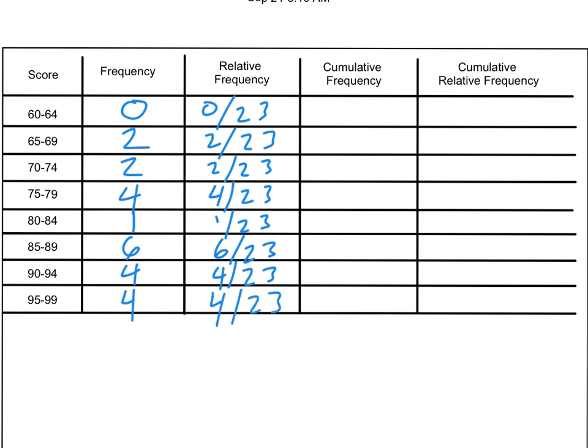All right? So for 60 to 64, there was still nobody. 65 to 69, there were 2. 70 to 74, add on those 2 more, but we're keeping the 2 from before. Okay, so this now tells us there were 4 scores that were 74 or less.